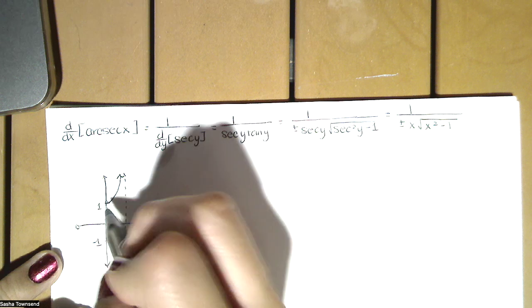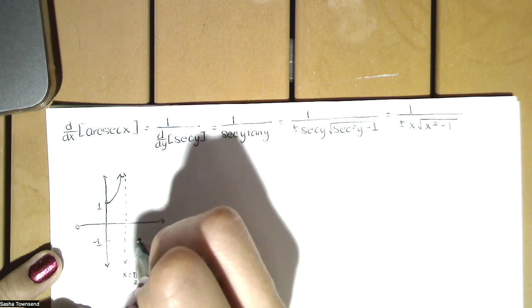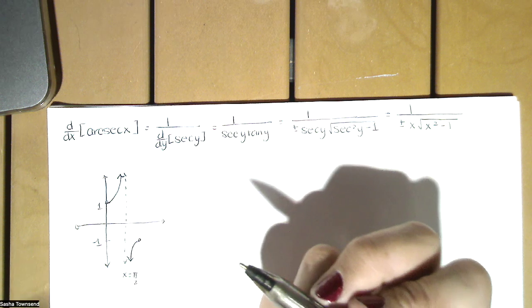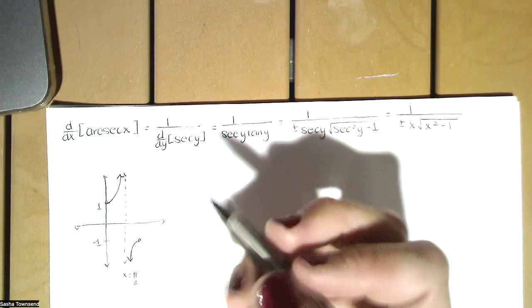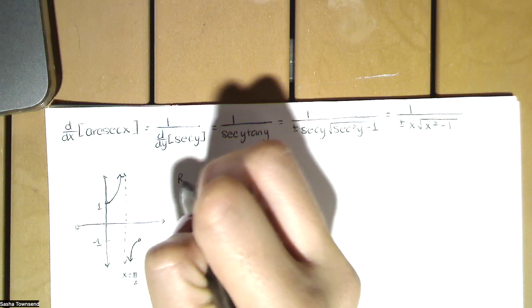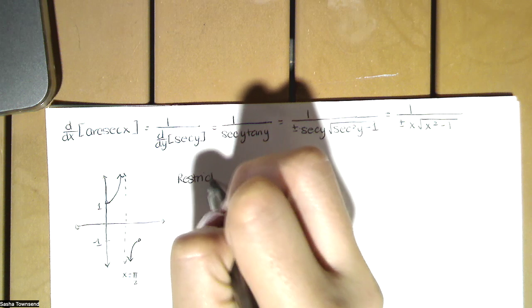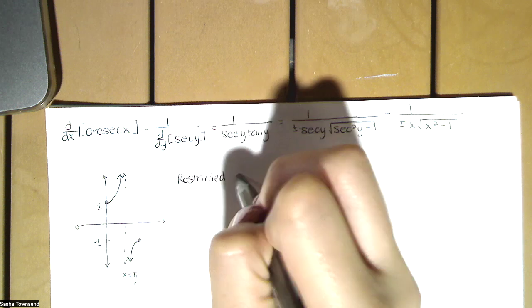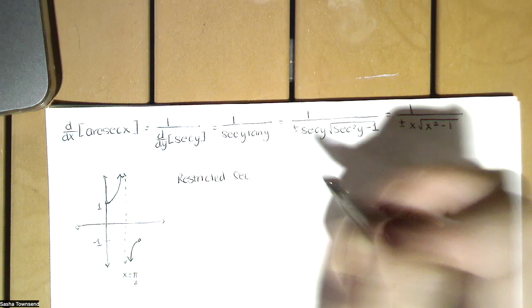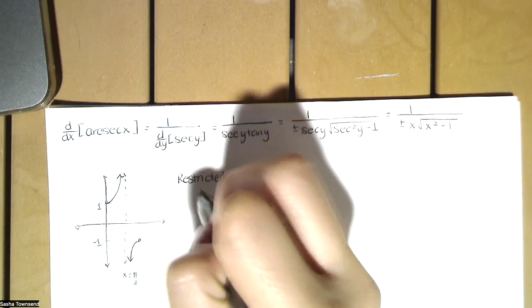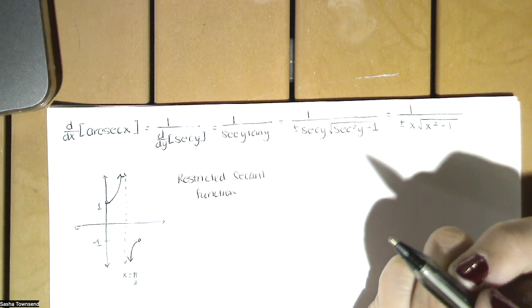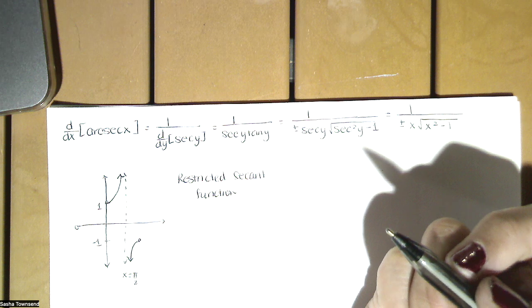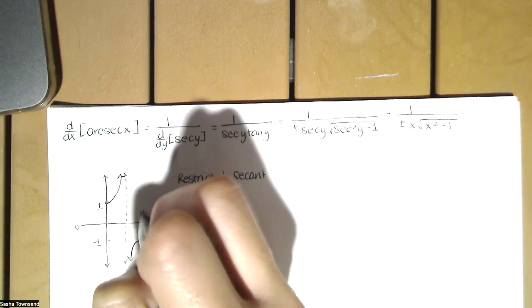And then thinking about what happens as we divide by a small positive number, the function goes to infinity, and divide by a small negative number, the function goes to negative infinity. This is the restricted secant graph. So we're on the interval from 0 to pi.